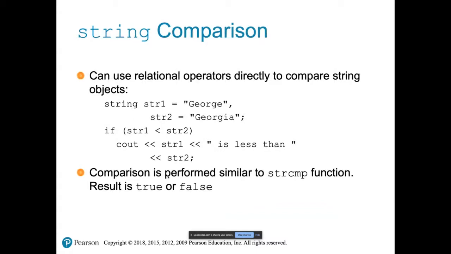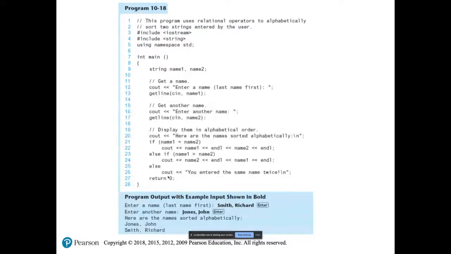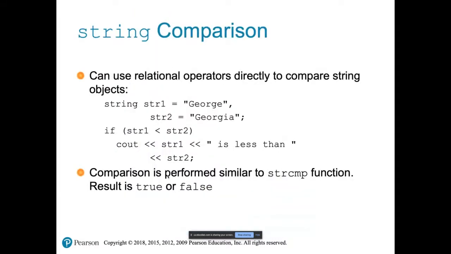Can you use relational operators to compare strings? We've already seen this. You can compare strings using relational operators. There's another one called compare. It's performed similar to relational operators, but string compare takes the difference. If the first one's larger, it gives back a numeric value that's greater than 0.